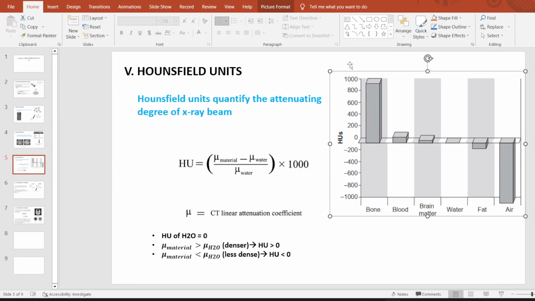So just remember simply: the Hounsfield unit is the way we standardize the linear attenuation coefficient to make every process simpler, simple in displaying, in processing, in calculating. Just a standardized unit.